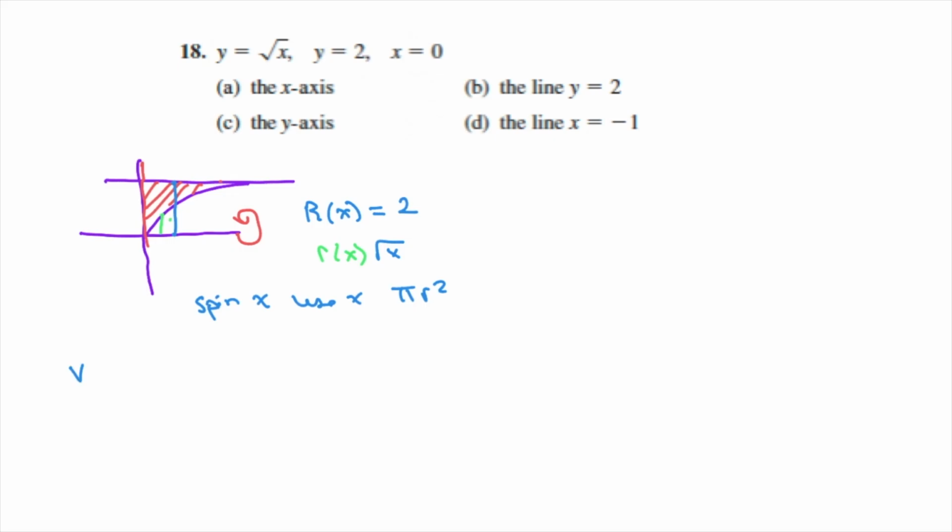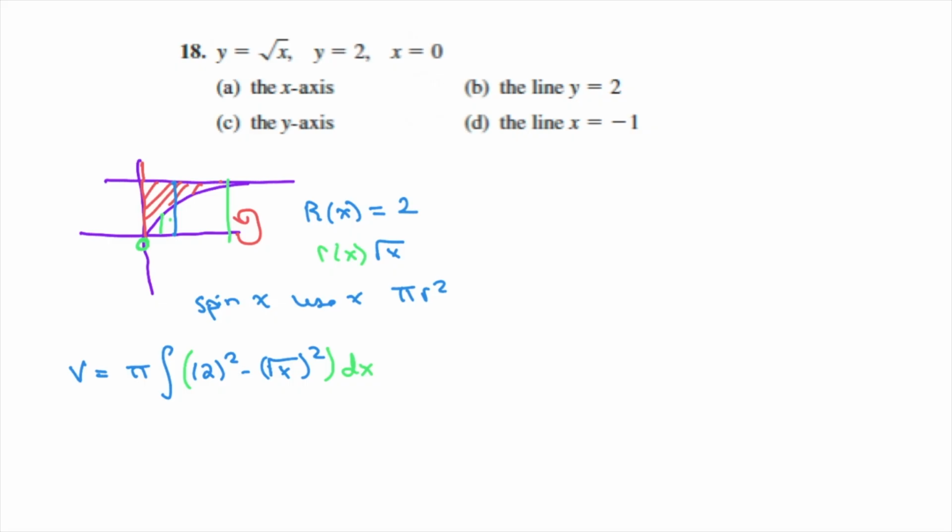Following that, we know that the volume is going to equal pi, the integral, we'll get the endpoints in just a moment. Then we have big R squared, so there's your 2 squared minus the square root of x squared. Now these parentheses were not drawn correctly. You have to put parentheses around the entire expression, then dx. Now the endpoints are your smallest x value and your largest x value.